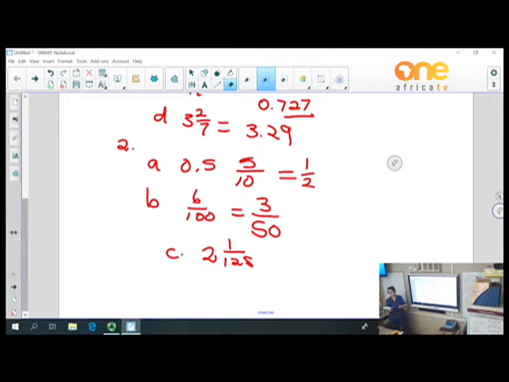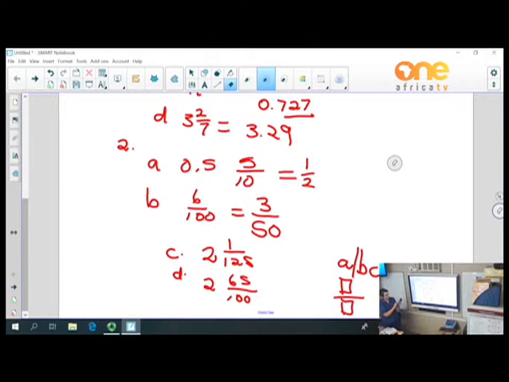Right, and then, now, number D then, 2 and 65. So we say it's 65 over 100. Now remember on your calculator that there's a button which says ABC, or there's a button which looks like this. Look at that one on your calculator. And that's a very nice one to use.